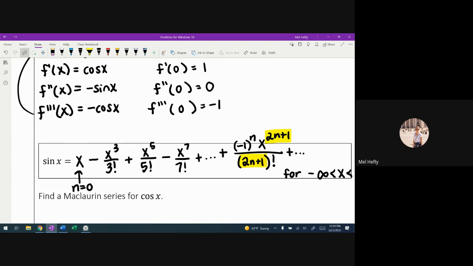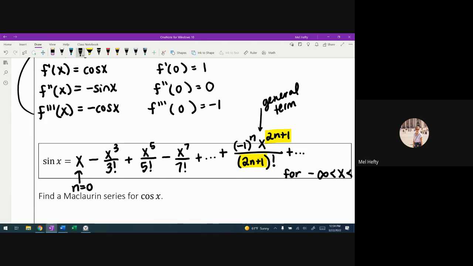All right, now, who's tired of taking derivatives? I am just sick and tired of finding Taylor series this way. I don't want to have to take 4 derivatives and plug it in every time. That's silly. Let's get a better way to do this.